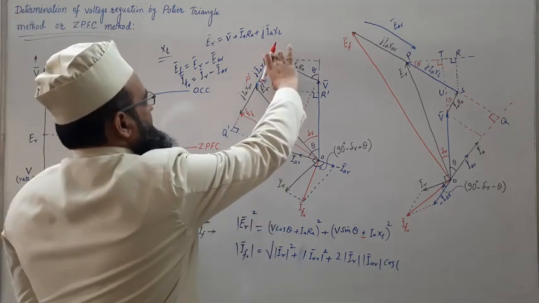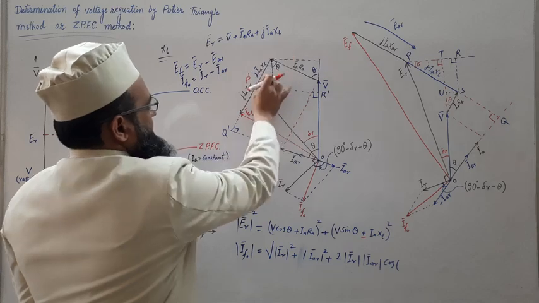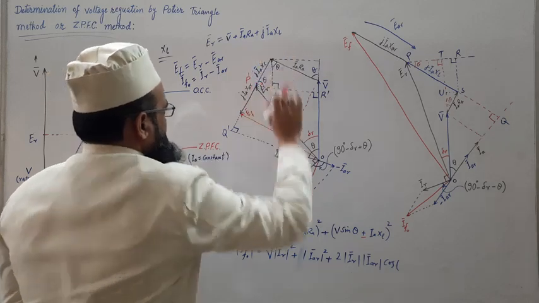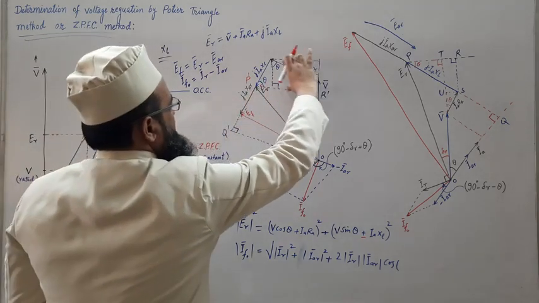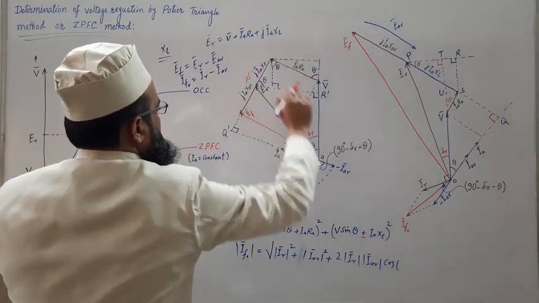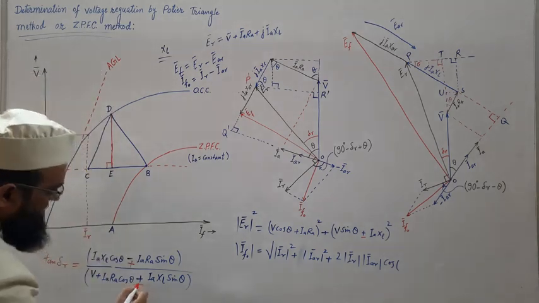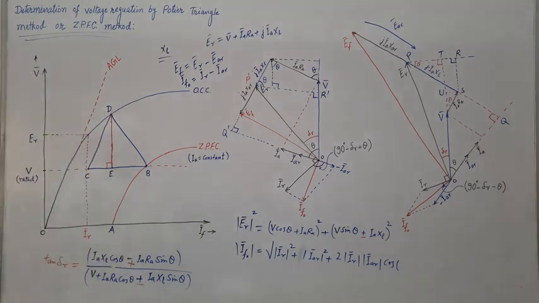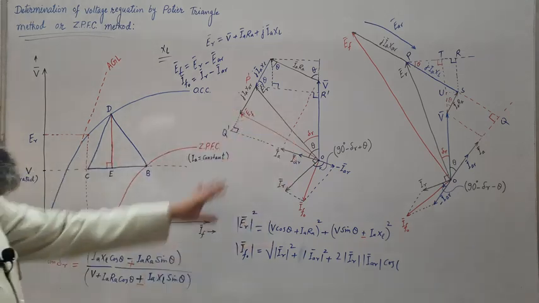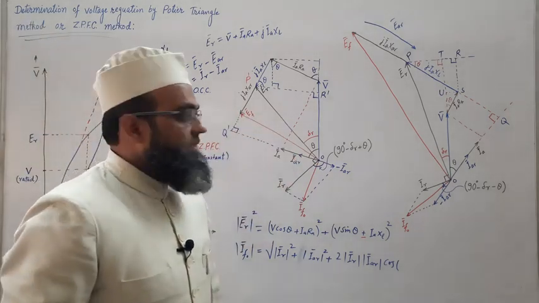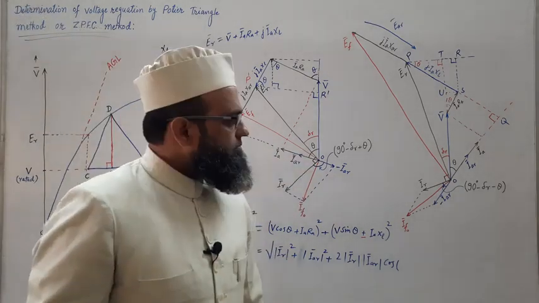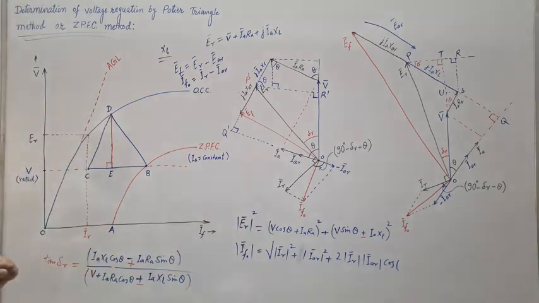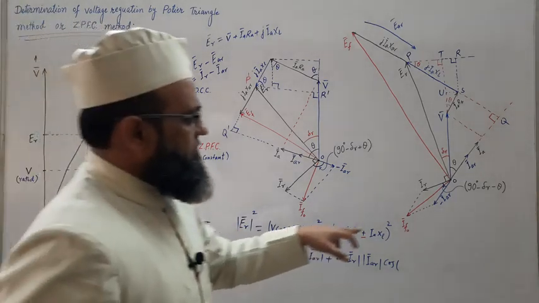This is IA XL, this is theta, so IA XL cos theta, IA XL sin theta. So we need to subtract this, that is IA XL sin theta, so put minus sign here. So the upper sign is for lagging power factor case and the lower sign is for leading power factor case. For unity power factor, just put theta as 0 degree. So by any means, now we can get this delta R also.